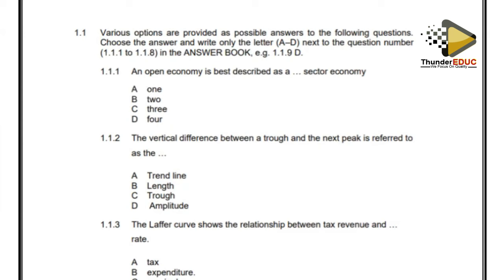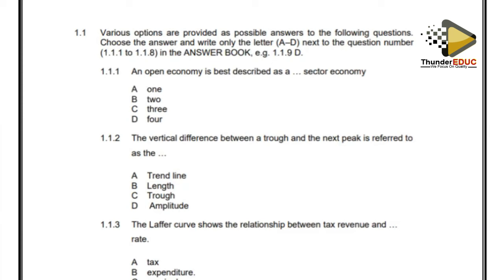Remember, when you talk of an open economy, it does include different sectors. And the moment it does, it means that you are going to have 4 market participants because you have 4 decision makers. So that is going to call for number 4 in any option given.